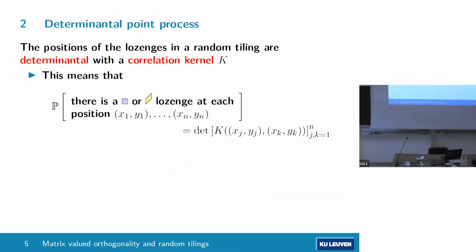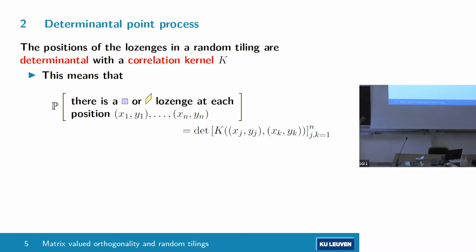Okay, so first of all, there is an important structure here, namely that the positions of these lozenges in a random tiling are a determinantal point process. So what does that even mean? Well, it means the following. You can focus on a particular kind of lozenge, on one or two of them.